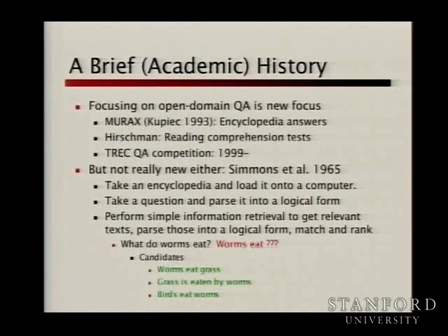It turns out that this area also isn't really new. There's actually an interesting old paper from 1965 by, I think his first name is Robin, anyway, Simmons. And really Simmons's paper is precisely about taking an encyclopedia, loading it onto a computer, taking a question, parsing it into a logical form, doing some kind of information retrieval to get relevant texts, parsing those into a logical form, and ranking them to give an answer.